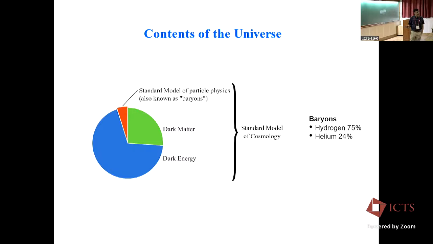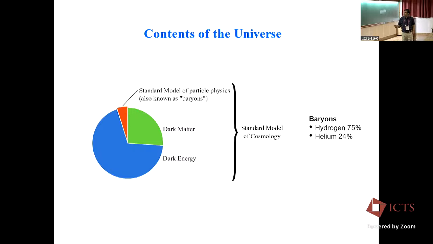Around 70% is dark energy and 25% or so is dark matter, and both are largely unknown to us. The rest, 5%, is something that we are aware of, that is the baryon. So that constitutes only 4 to 5% of the total energy budget of our universe.